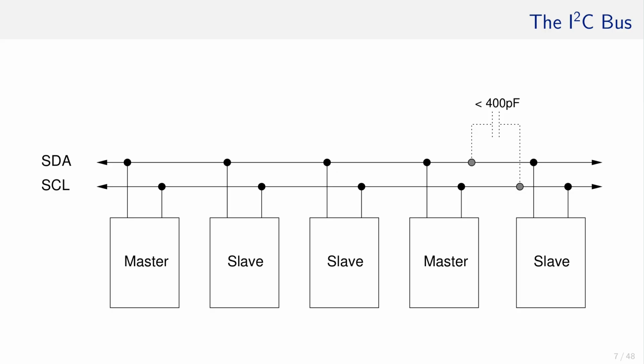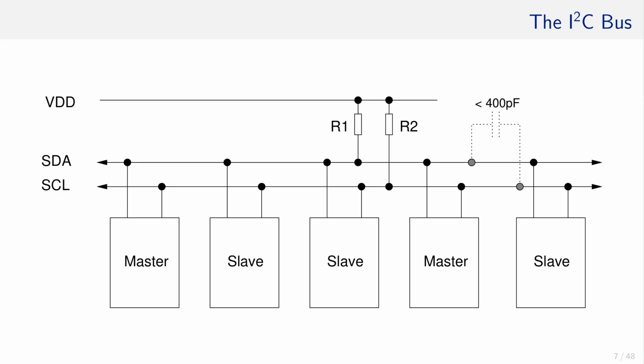In general, it is said that the capacitance between the 2 wires is to be kept to less than 400 picofarad. The capacitance varies with length, shielding, diameter, proximity to each other, etc. So you have to try. Also, a voltage is to be supplied to both wires.